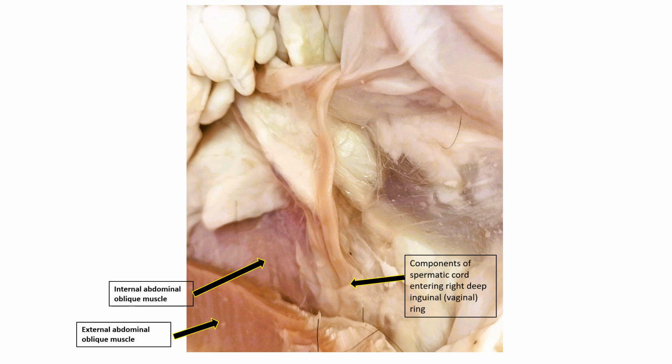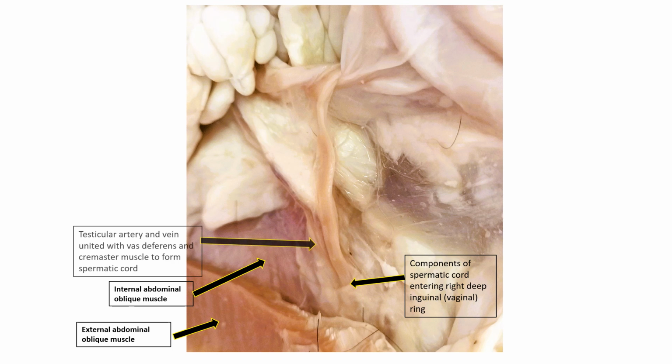Now, as the spermatic cord structures progress proximally into the abdominal cavity, they separate. Initially, they are still bound together by connective tissue, but as they progress proximally, they begin to separate.